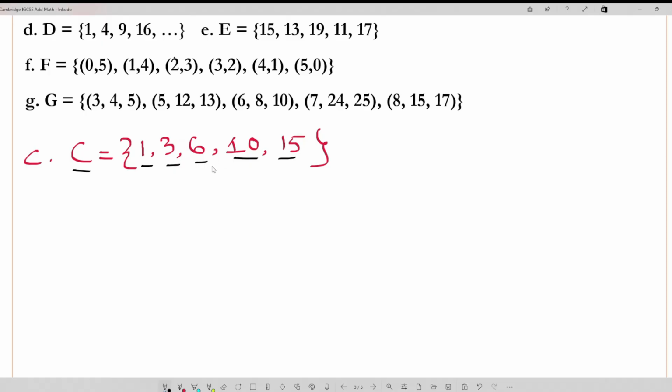These types of numbers we can say are triangular numbers. What does that mean? Look, I can denote it like this: 1, 2, again here 1, 2 and 3.